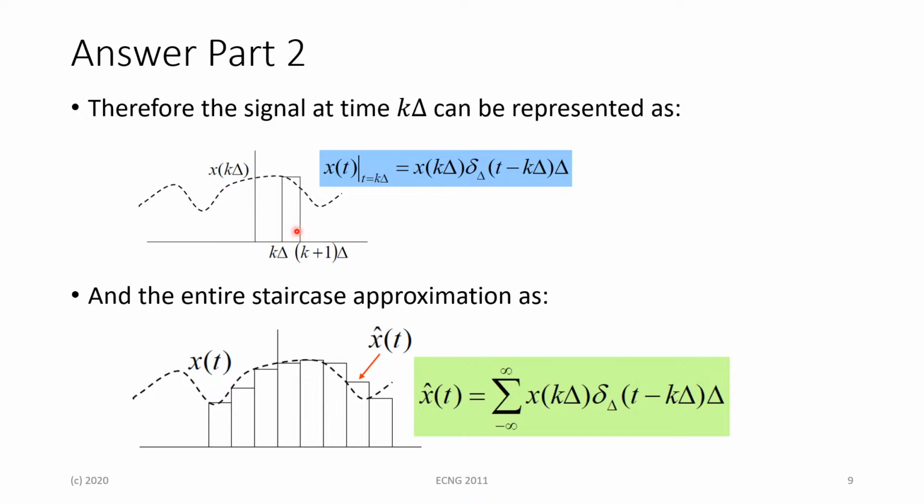And if we sum all of these rectangles, represented by a summation series, we end up with this summation equation, which represents the summation of each one of these rectangles sampling the x of t signal, a continuous time signal, to form our discretized signal x hat of t accordingly.